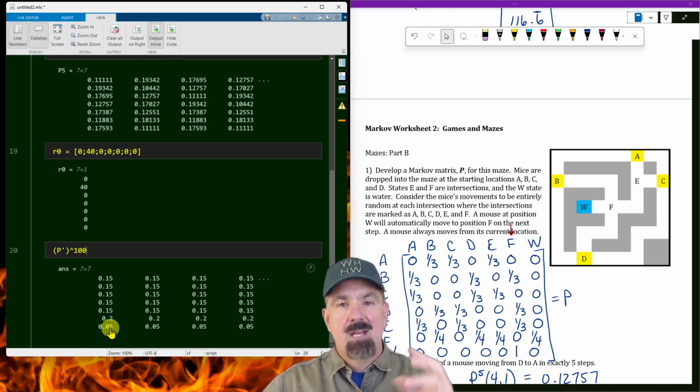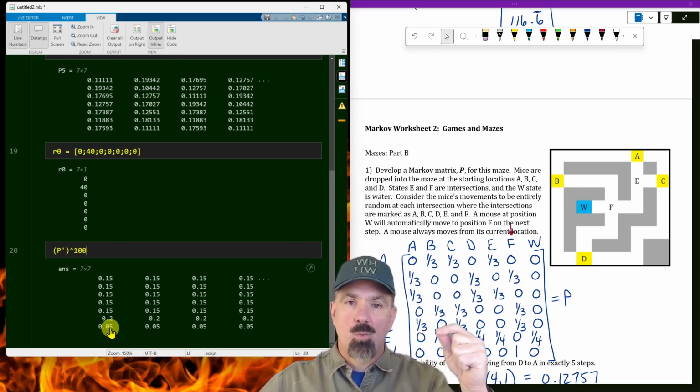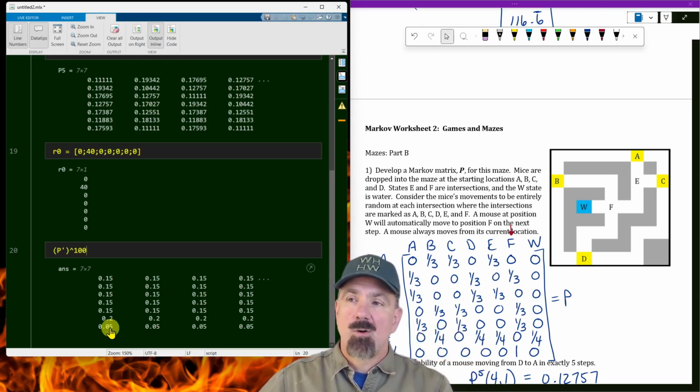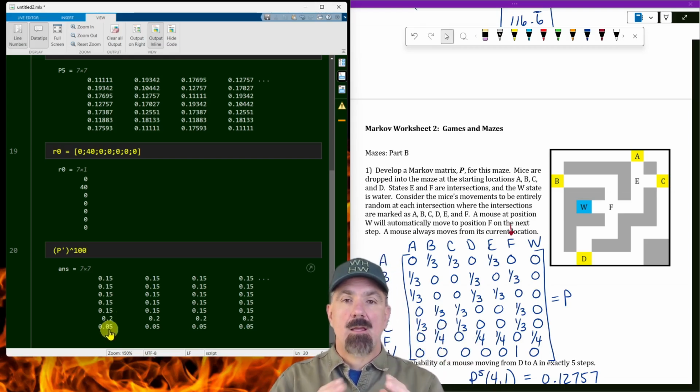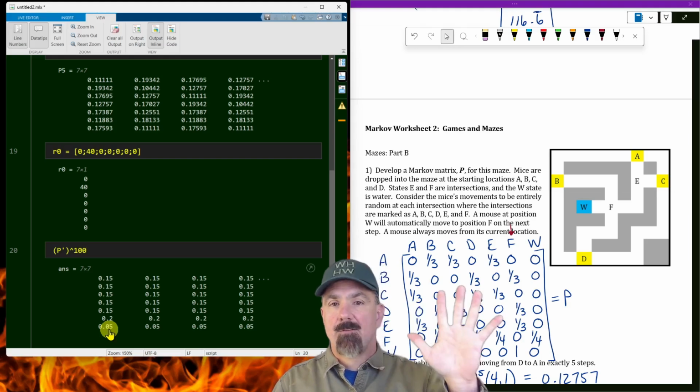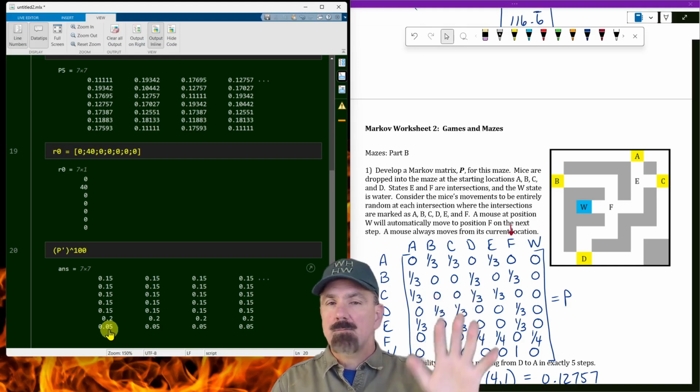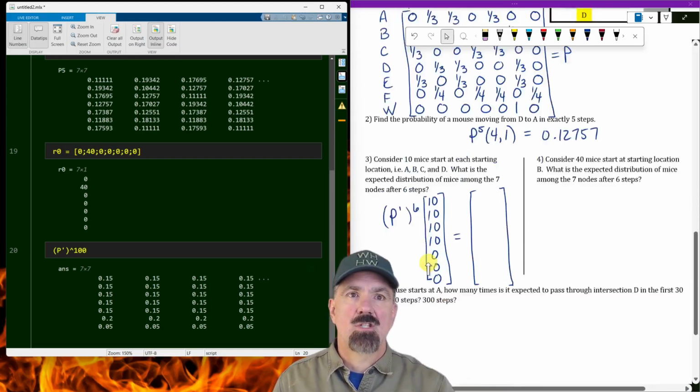That is the same kind of idea we can use about how many times the mouse actually went to the water. If it went to the water 5% of the time, then the number of times it went to the water out of 100 steps would be 5, because it spent 5% of its time at the water. That's the idea we're going to use to answer this question.